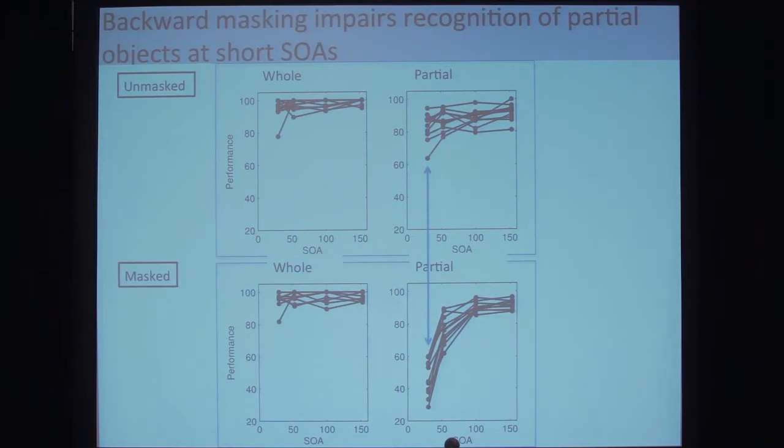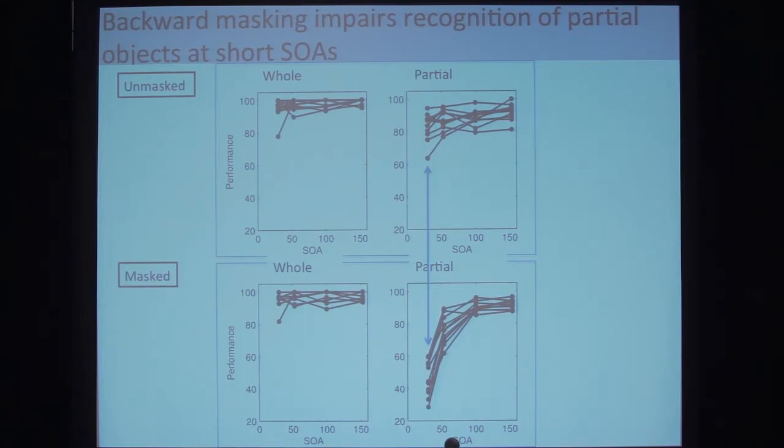And indeed, the upper plots here correspond to the psychophysics data, behavioral data, in the absence of masking. And if you look at the lower right version of this figure, on the y-axis you have performance, on the x-axis you have the interval between the presentation of the picture and the presentation of the mask.